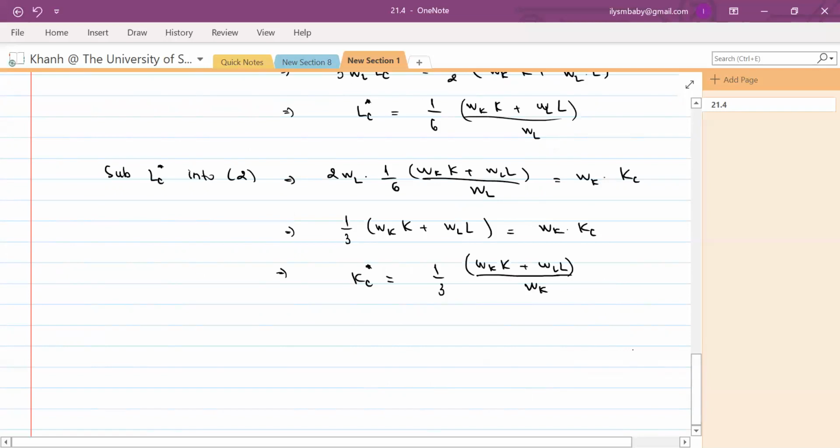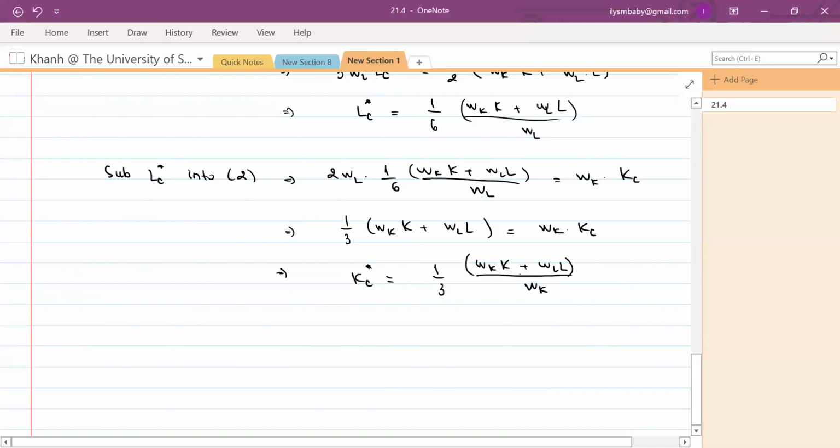All right, so problem 21.5 is basically the specific case of 21.4 where you are given the numbers. If you substitute the endowment amounts of capital and labor into the problem, then you should be able to find the result.